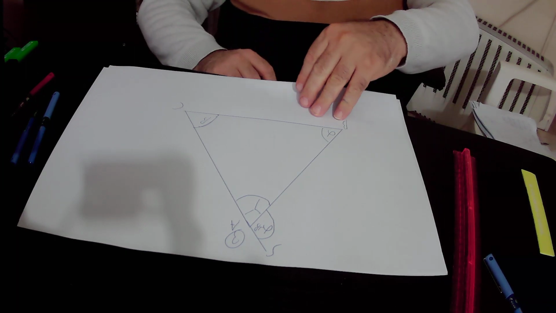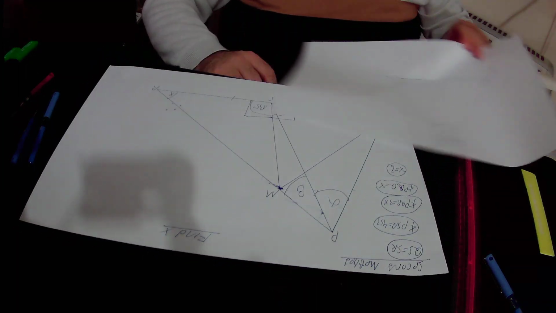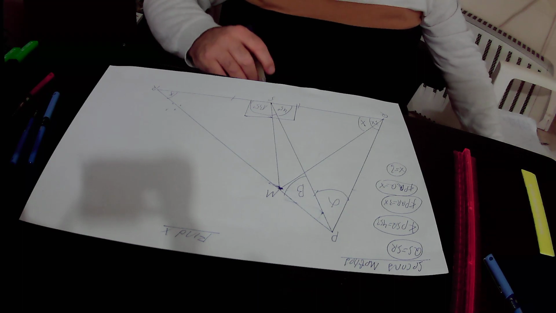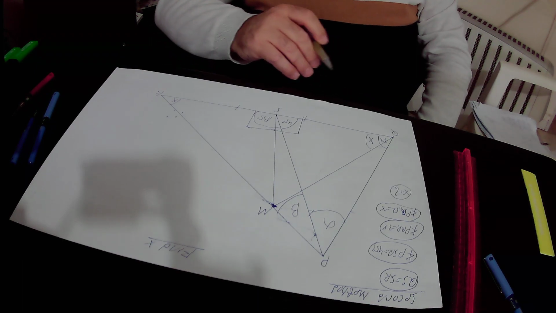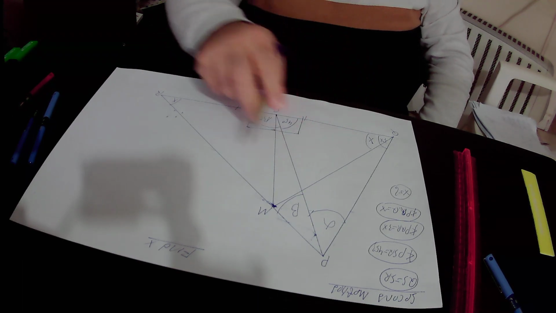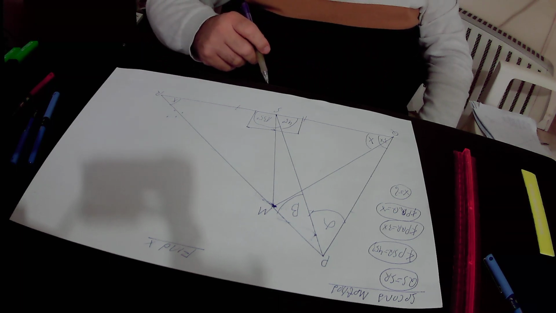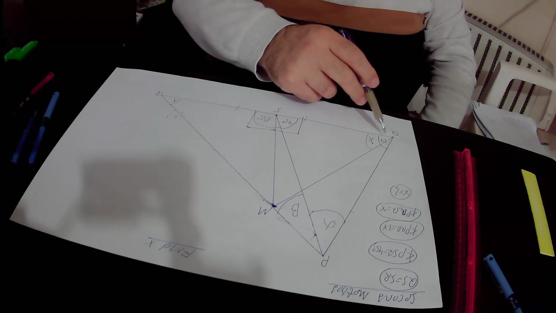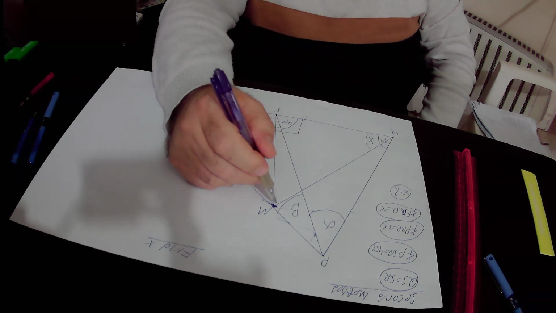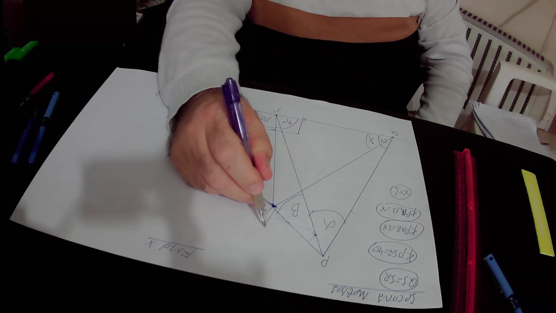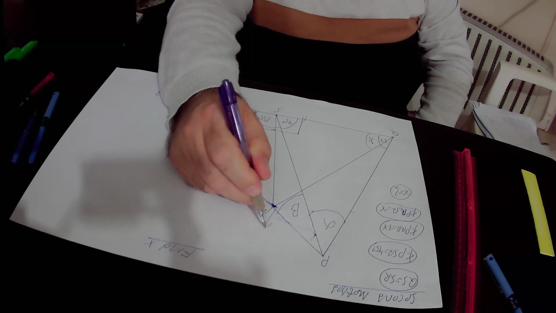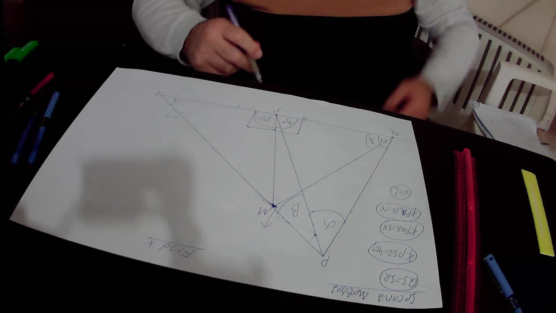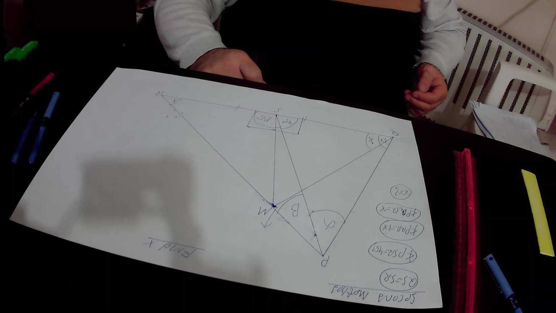So we can implement rule number 4 in our drawing. In our drawing we have the isosceles triangle QMR, and angle PMQ, this angle, is defined as an exterior angle of triangle QMR.